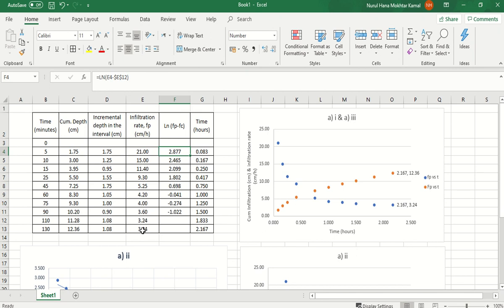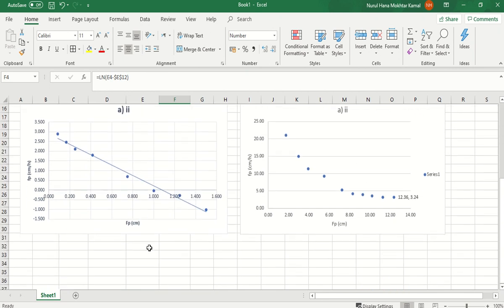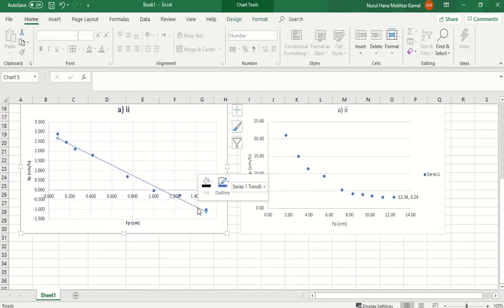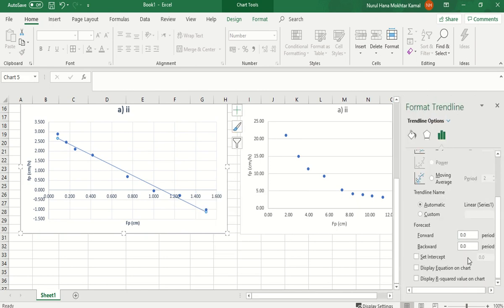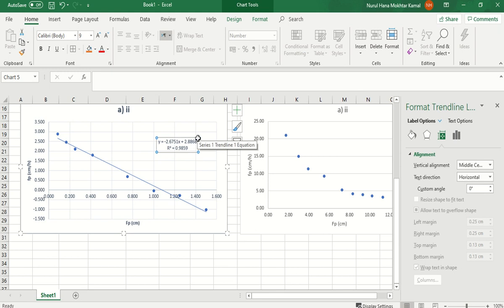This is Y, this is X. Then add in the trend line. This is just a linear trend line. So I've added a linear trend line here, and then just display the equation, and you can also display the R square here. Now you get this one.